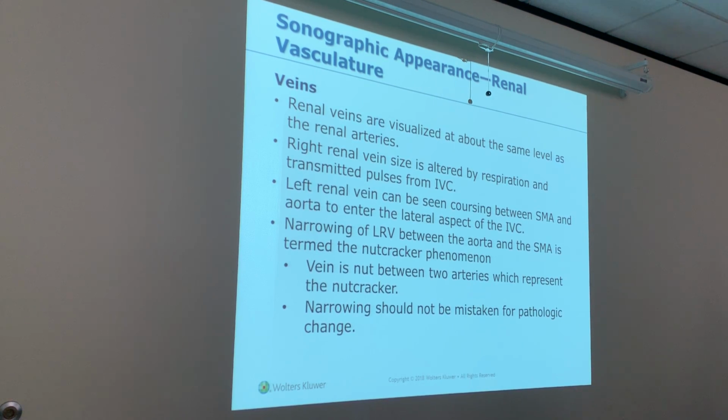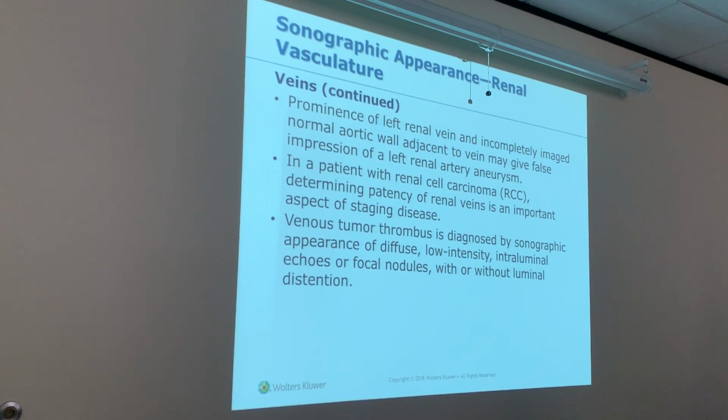Nutcracker syndrome. The SMA and the aorta. And the renal vein comes between them, right? Which one? Left. Yeah, left. Okay.